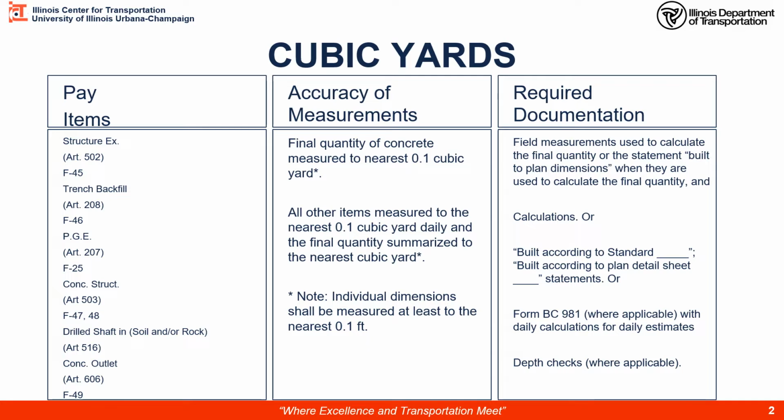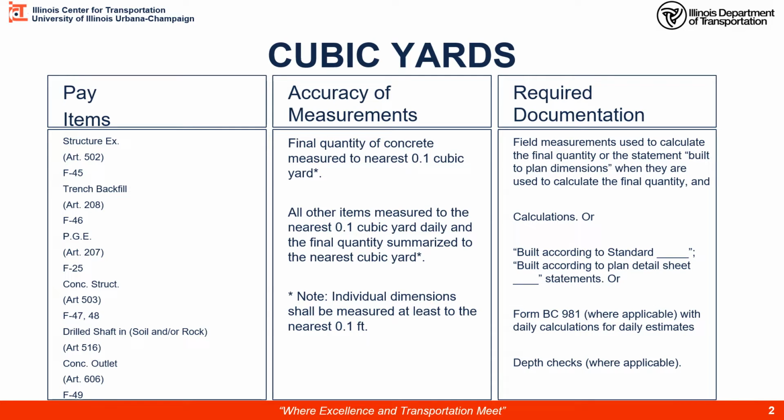Required documentation is to present your measurements and calculations. You can use the statement built according to standard or built according to plan on the sheet details. Just fill in the blanks here with those details.